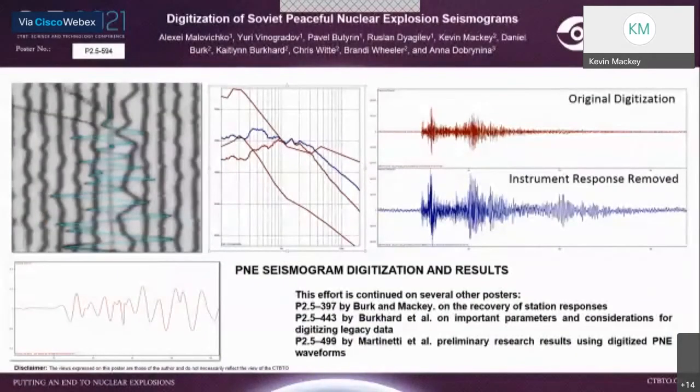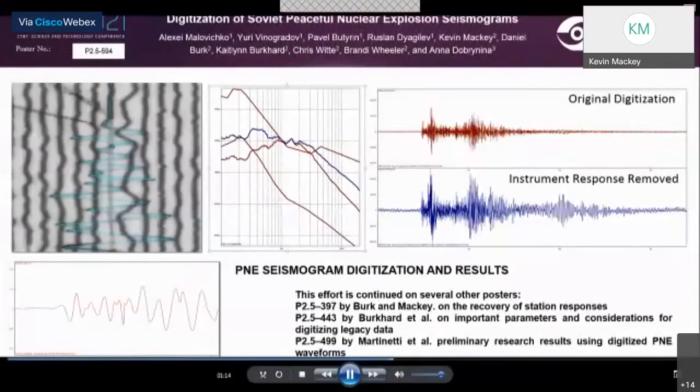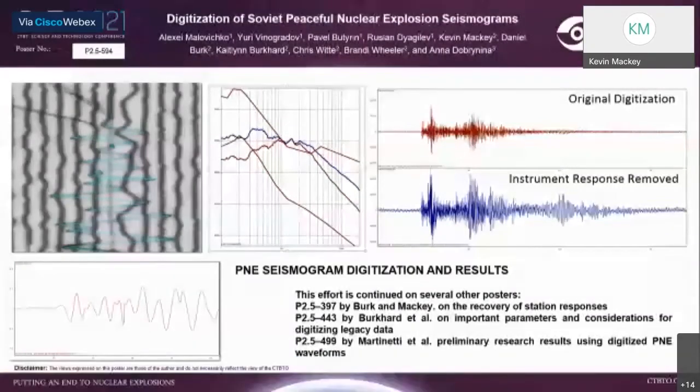We are also digitizing these seismograms. Our focus here is to generate very high quality seismogram digitizations that are useful for quantitative study. You can see at left part of the digitization process where we are selecting the peaks on the seismogram.